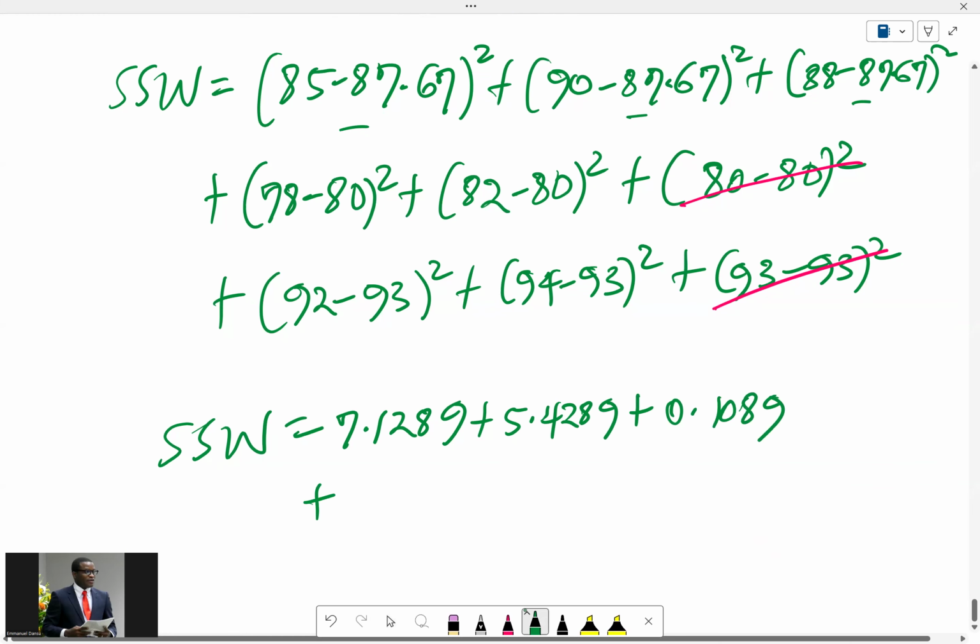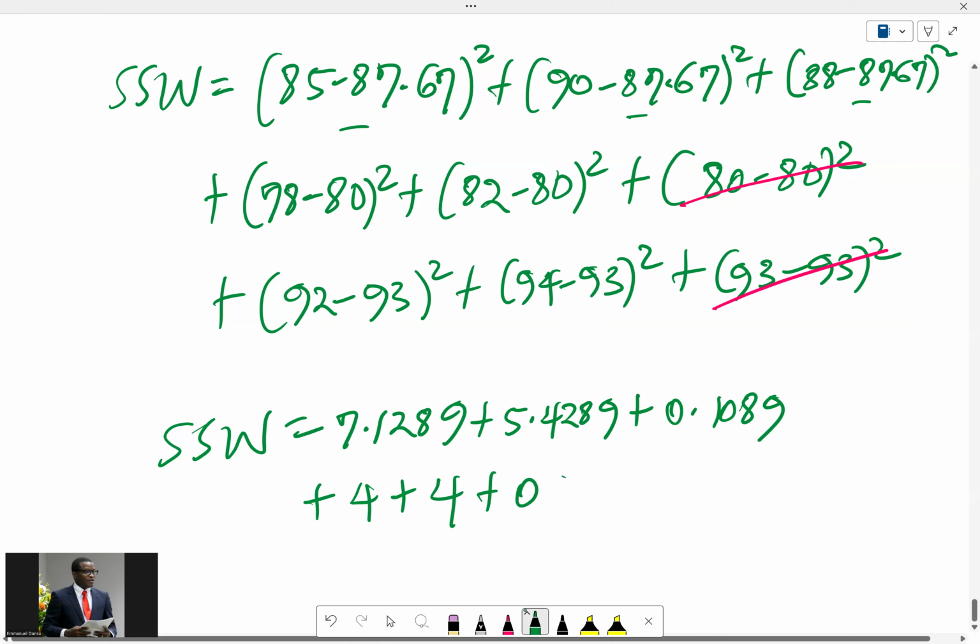We are doing within groups now. So the next thing is we have 78 minus 80, all squared, that should simply be 4, plus 82 minus 80, which is another 4 because that's 2 squared, which is 4, and plus 0.